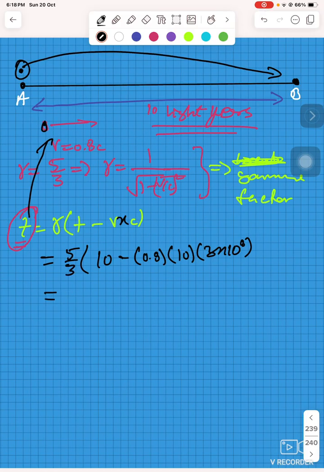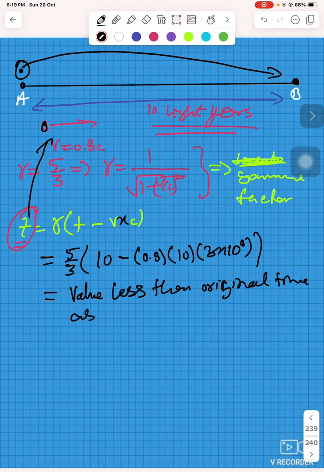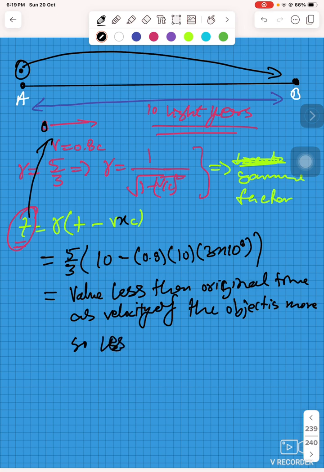I don't have my calculator, but the value will be less than the original time, as the velocity of the object is more, so less time.